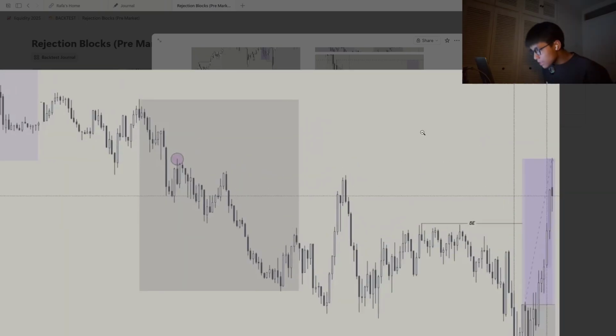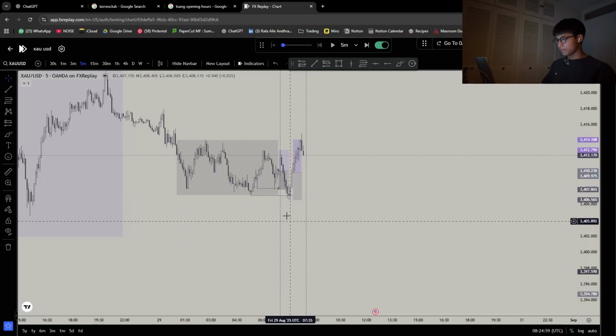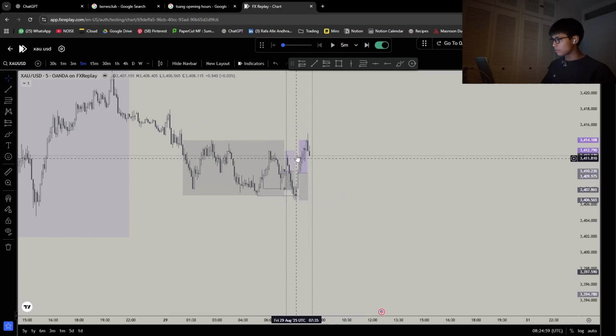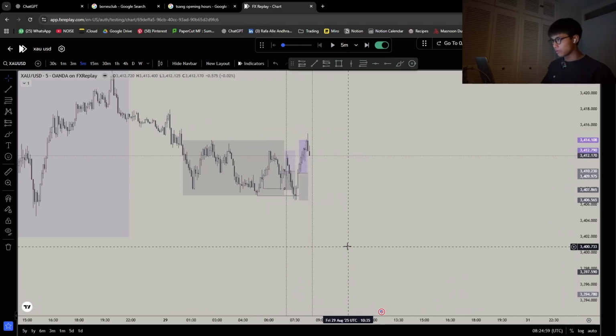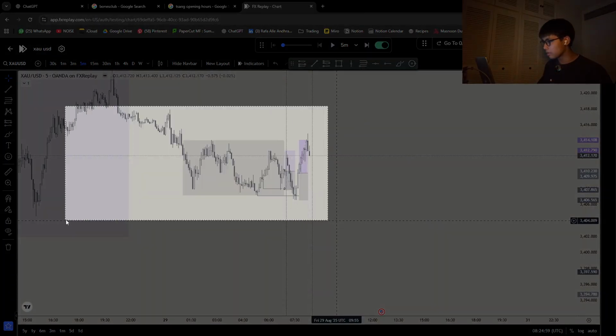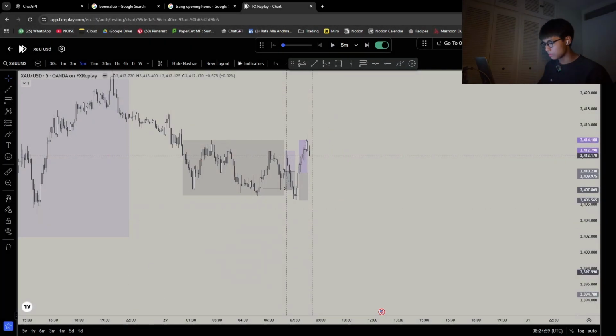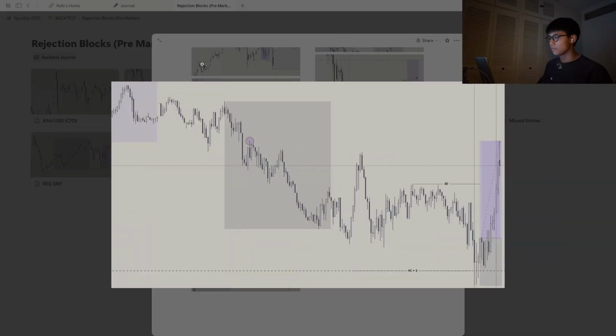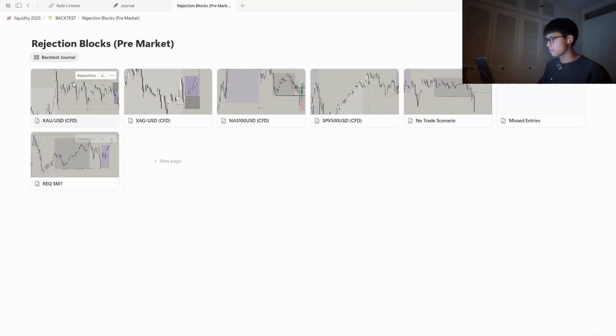Yeah, so anyways, that's kind of what I'm testing right now. We'll see how it goes. I was just testing just now as well, so I need to actually screenshot this. I think I screenshotted the loss. I need to screenshot the W. I'm so tired, it's crazy.